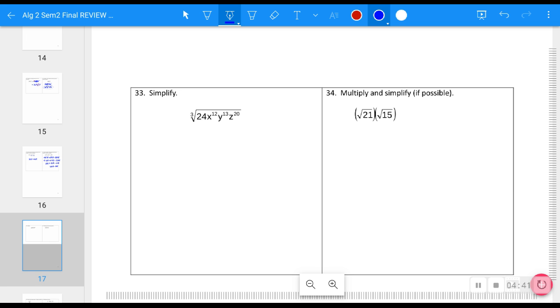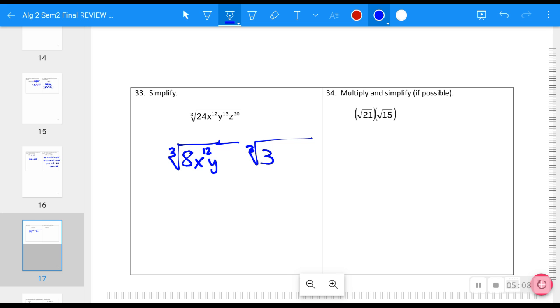All right, number 33 here. Let's see, cube root. We want a perfect cube in the front and anything else in the back. So 8 times 3 would get a perfect cube in. That's 24. The x to the 12th, 12 divides by 3, so I'm going to put it all up front here. 13 does not divide by 3.